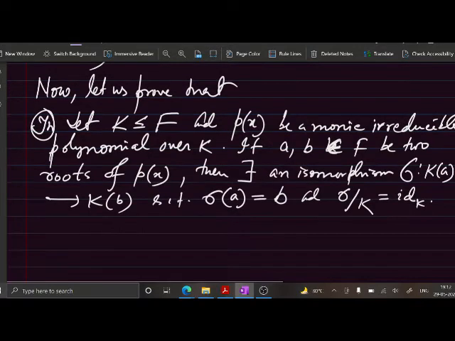So you can construct a k-isomorphism sigma from k(a) to k(b), which will map one root a to another one b.